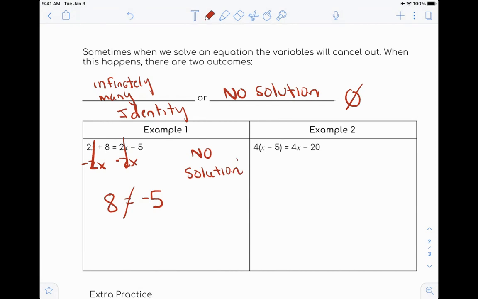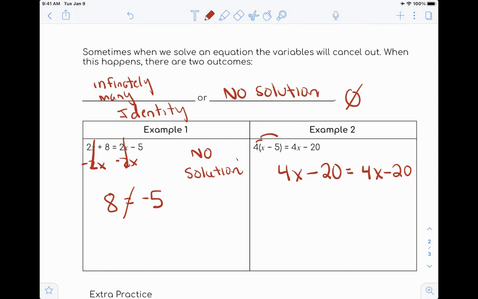All right, on example 2, we need to distribute on the left-hand side. So I'm going to give out that 4, and 4 times x is 4x, minus 4 times 5 is 20, and that equals 4x minus 20. So from here, we can see that the left-hand side and the right-hand side of the equation are exactly the same.